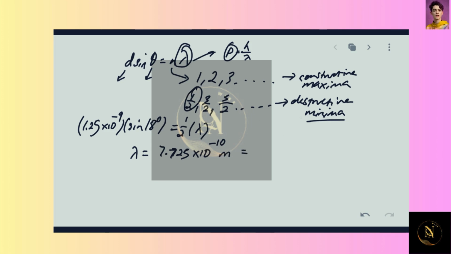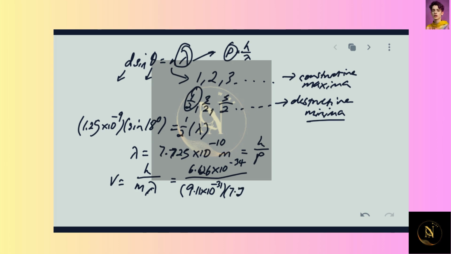Equate this to h over p. Therefore, from our momentum, we can immediately find the velocity by taking h over m times lambda, where m is the mass of our electron and lambda is the wavelength which we have previously found.